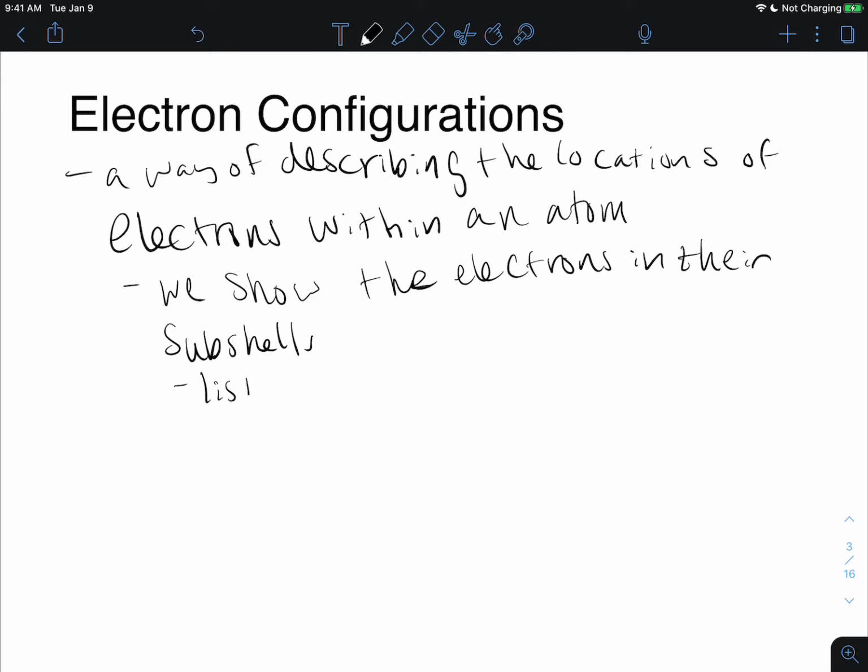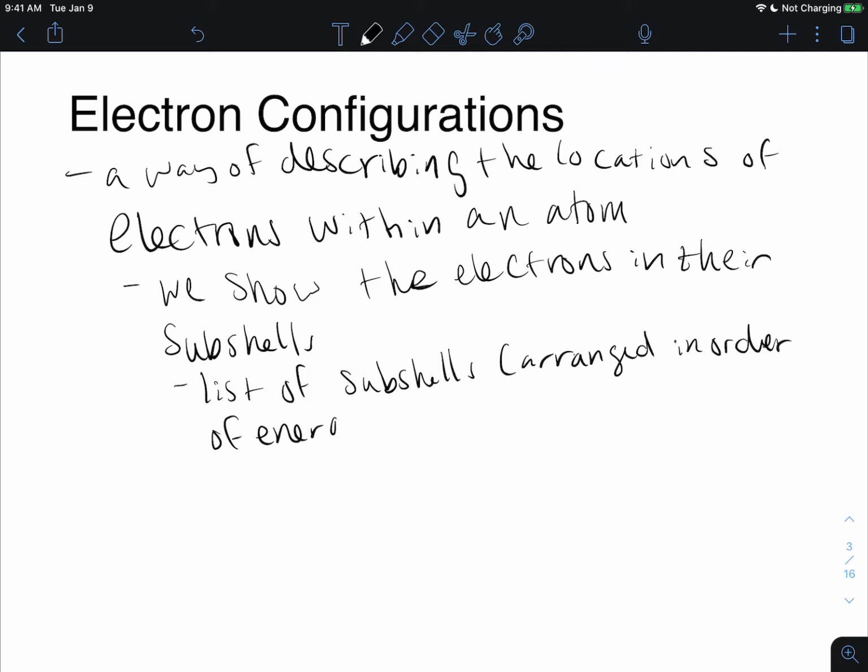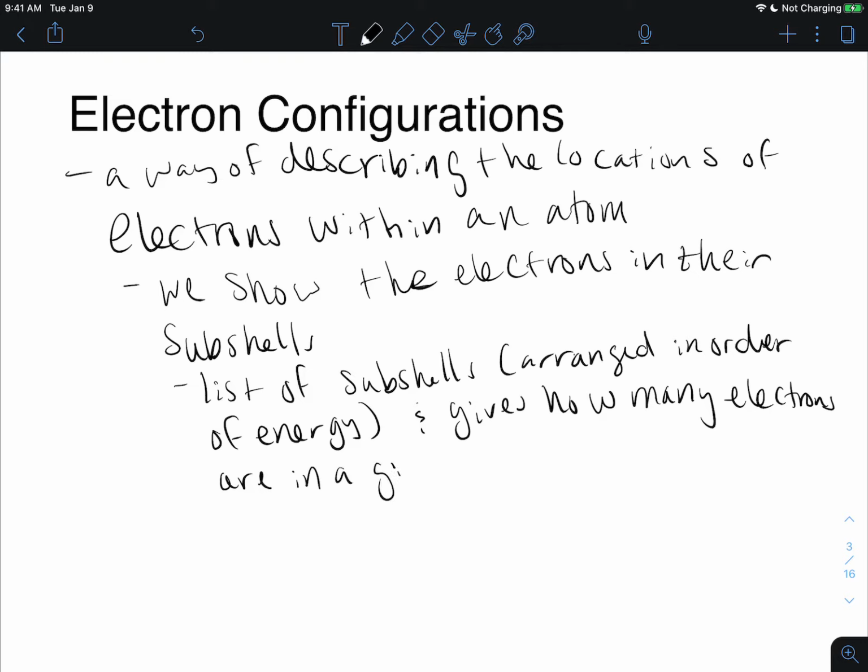So it's a list of subshells arranged in order of energy from lowest to highest, and gives how many electrons are in a given subshell.